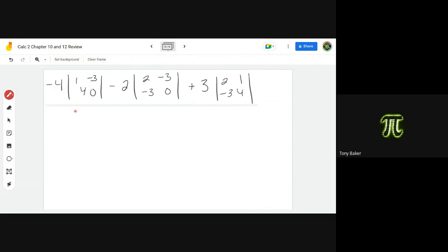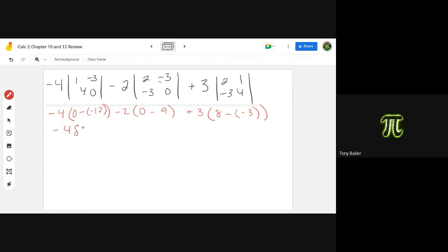So we've got 1 times 0 minus -3 times 4, that's 12, times -4, then minus 2 times 0 times -3 minus -3 times -3, that's -9, and then 8 minus a -3.